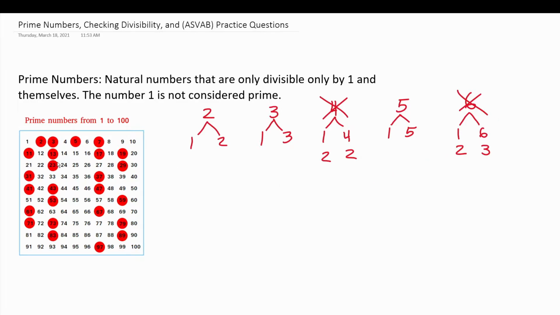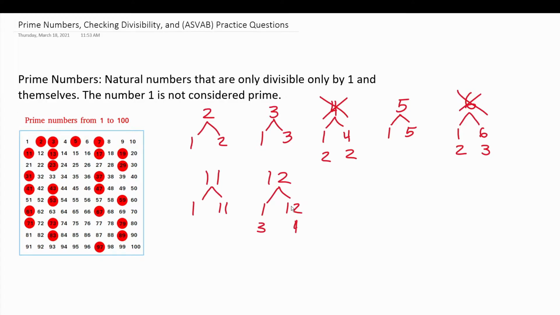All right, let's take a look at some numbers from the second row just to make sure we understand how to determine if a number is prime or not. So 11 is prime because it's only divisible by 1 and itself. 1 times 11, of course, is 11. 12 is not prime because in addition to being divisible by 1 and itself, it's also divisible by 3 and 4.